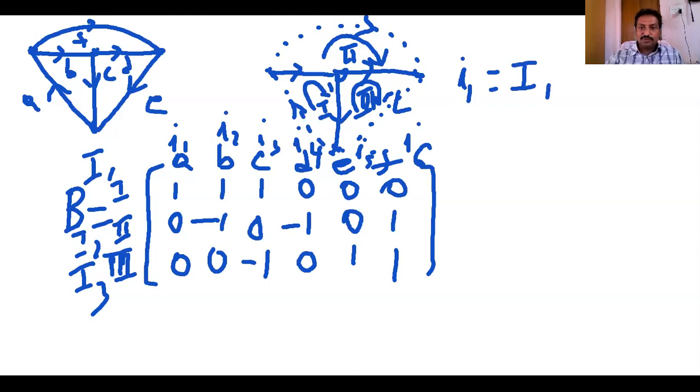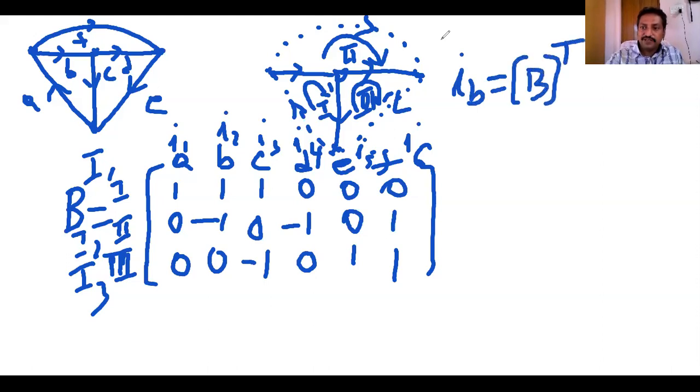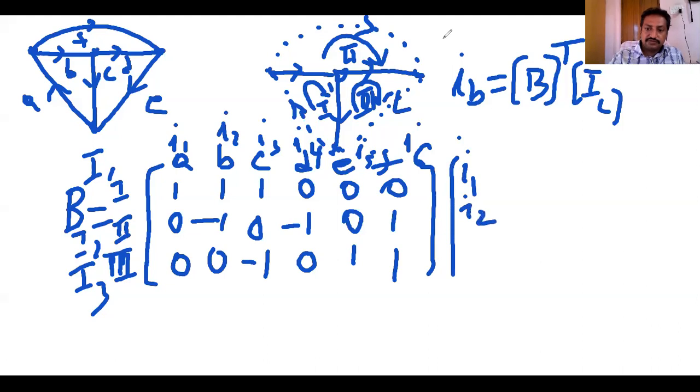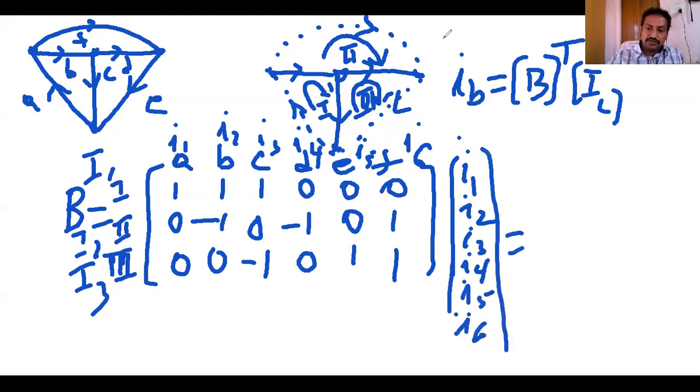But before that, IB is equal to B transpose into IL. I want to write this here. IB means I1, I2, I3, I4, I5, I6, equal to B transpose.